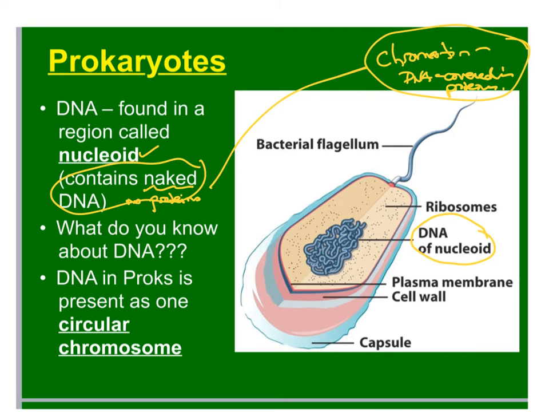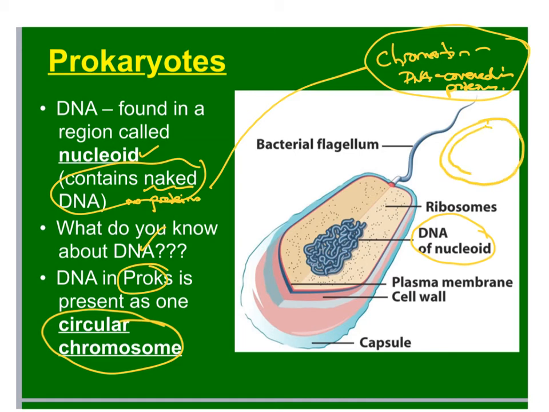So there's a difference. Now, you guys know a lot about DNA, I think. You've probably already done a lot of cell biology. There is another difference between the DNA in prokaryotes versus the DNA in eukaryotes. Most prokaryotes have a single circular chromosome. So one chromosome. Here's a chromosome that's circular.